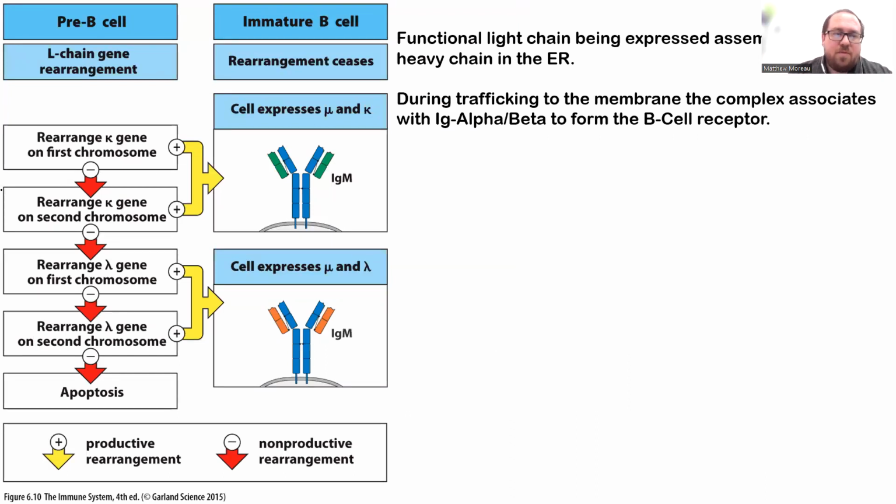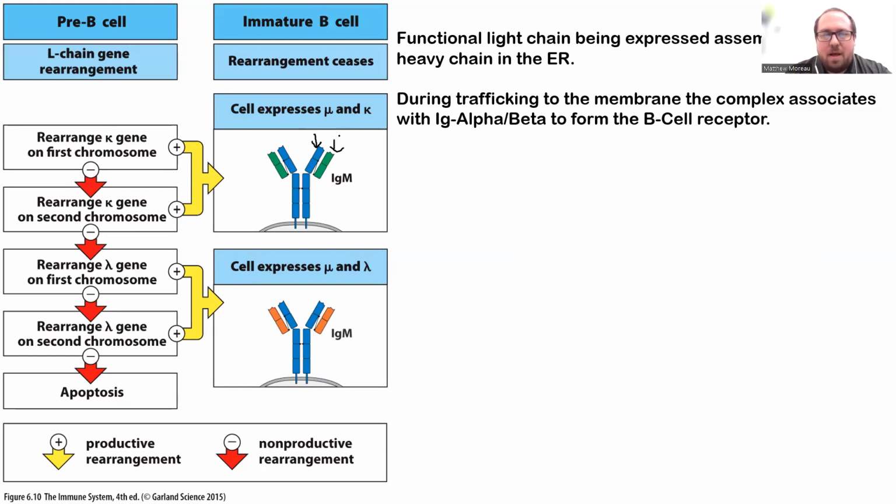So as we move from the pre-B cell into the immature B cell, we have produced a stable heavy chain. We have a pre-B cell with the V pre-B and lambda 5 surrogate light chain.